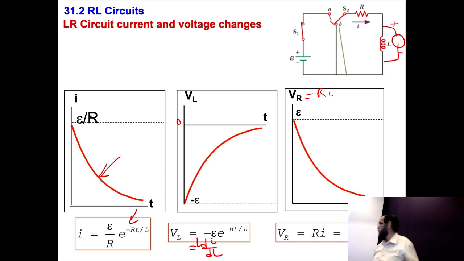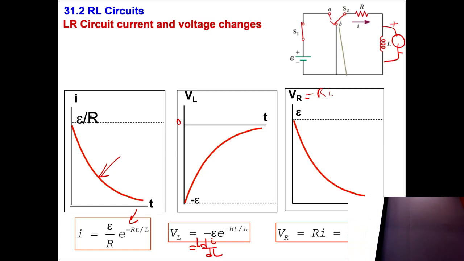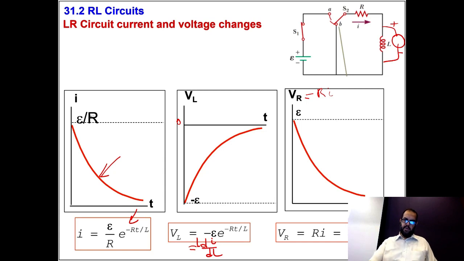Remember, in discharging the capacitor, Q decayed exponentially from the maximum value to 0. In this case, the decay is not of the charge but of the current, but you see the behavior is very similar.